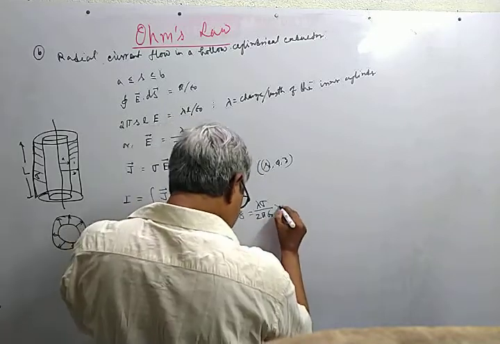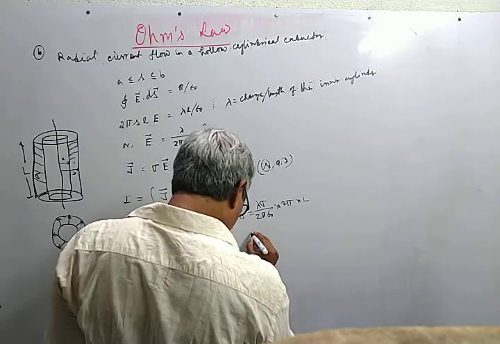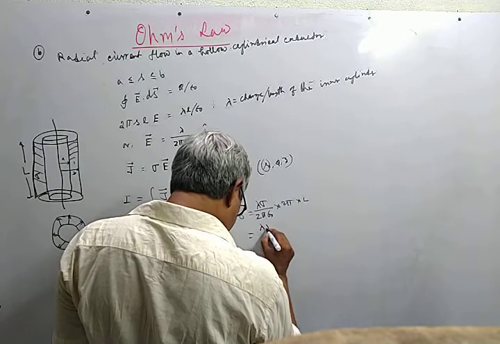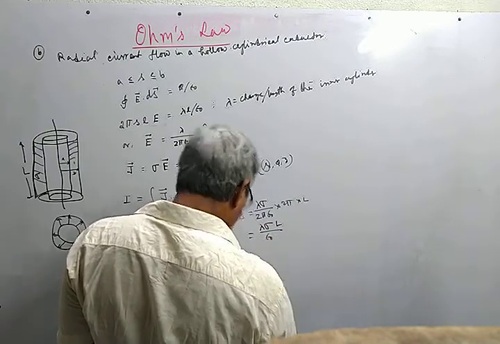From this part it is 2 pi, and from dz it is L. So all together 2 pi cancels out, lambda sigma L upon epsilon 0.